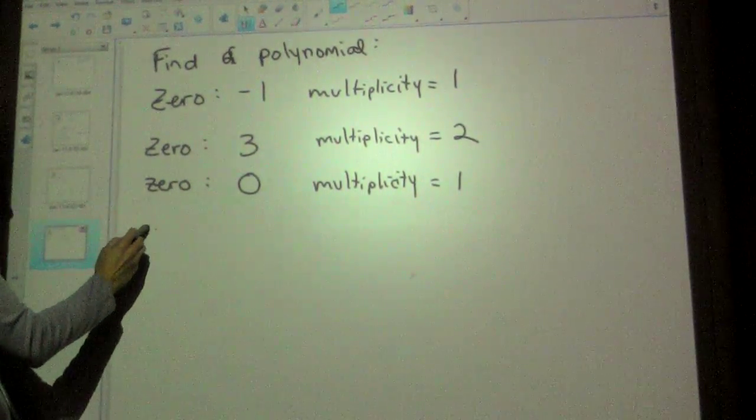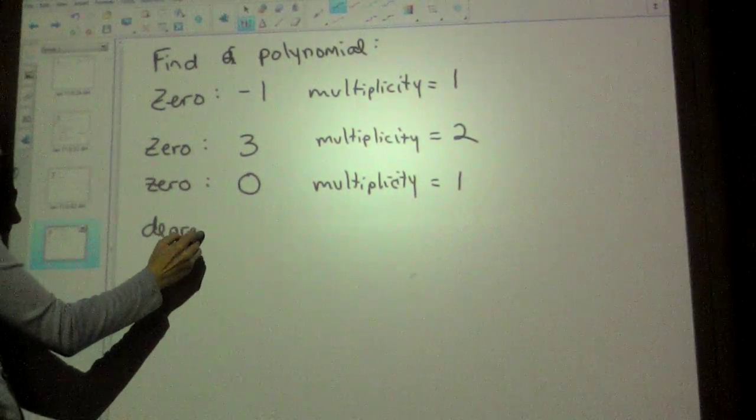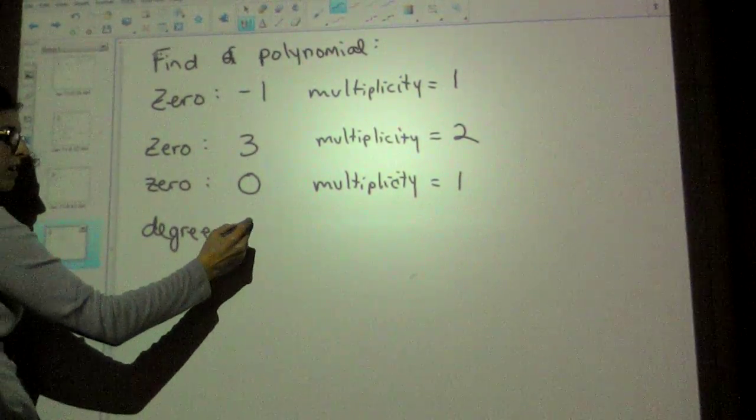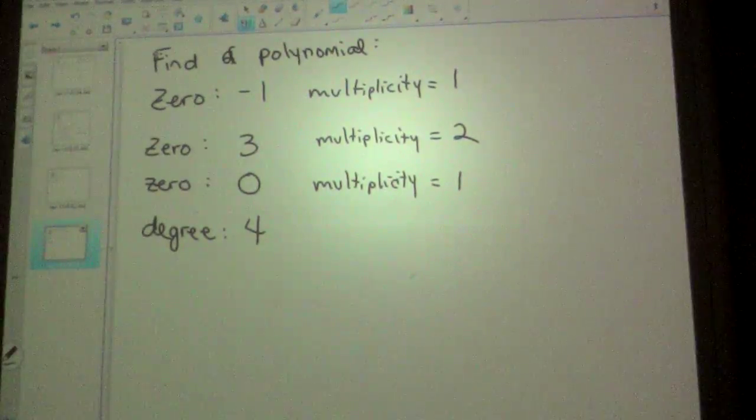And I want this to be degree 4. Okay, so find a polynomial with these qualities.